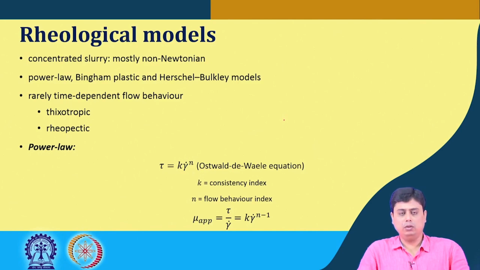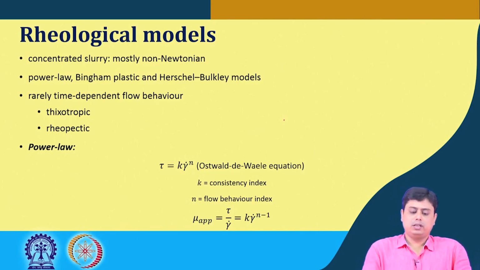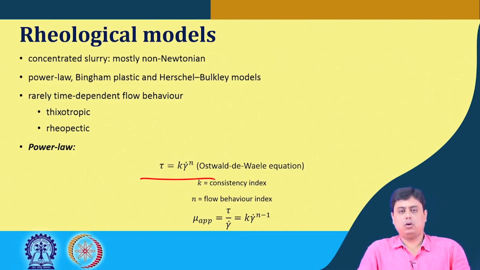For the power law, we know its constitutive equation is something like this, which is also popularly known as the Ostwald-de Waele equation, where K is the consistency index and n is the flow behavior index. So the shear stress and the strain rate are related by the consistency index and the flow behavior index.